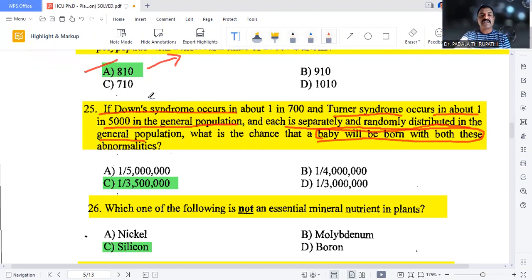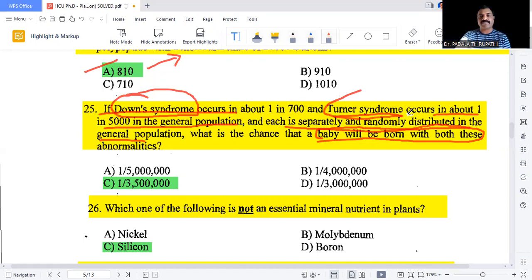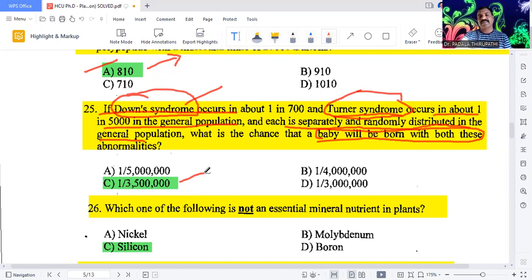Down syndrome and Turner syndrome. So for both these abnormalities, the chance is 1 by 35 lakhs. Only 1 by 35 lakhs of the population get both these abnormalities, Down syndrome and Turner syndrome.